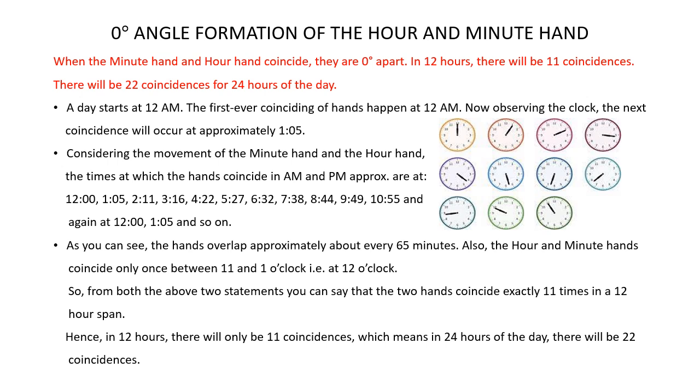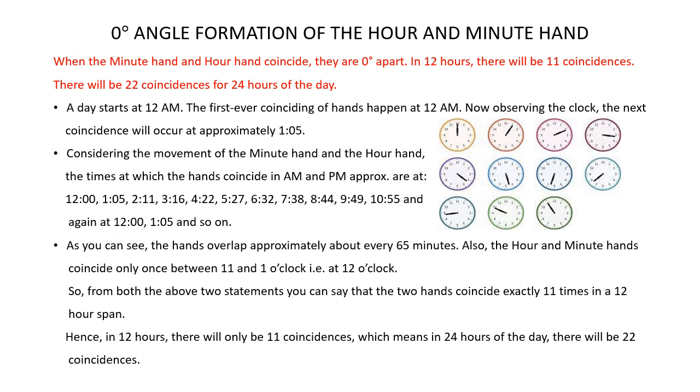Now, because they overlap about every 65 minutes, you can see that the hour and the minute hands coincide only once between 11 and 1, at 12 o'clock.